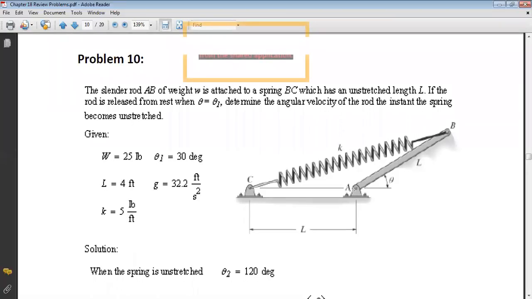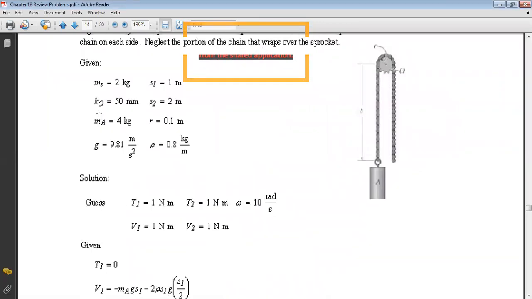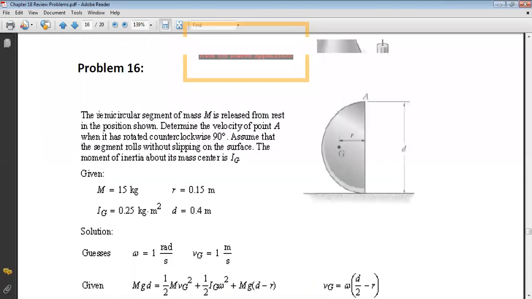Question 16. I didn't understand the relation they used in question 16. You didn't understand the question or the solution?